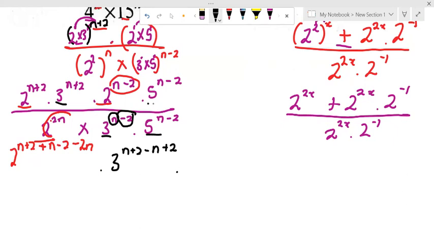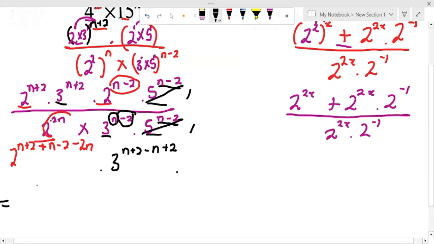Multiplied by 5. Now, guys, this is interesting here. We have 5 to the power of n minus 2. We have 5 to the power of n minus 2. So we should look for those things. This one and this one, they will divide each other, and then we'll be left with 1 all over 1. So we can then deal with these two. If we check here, it says we have n and an n, which gives us 2n minus a 2.